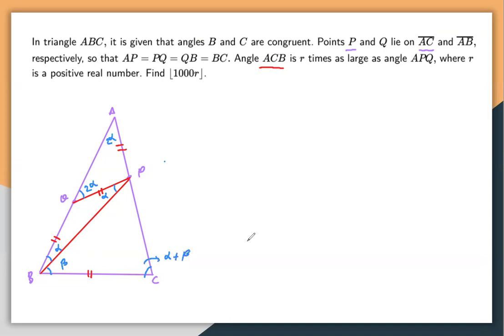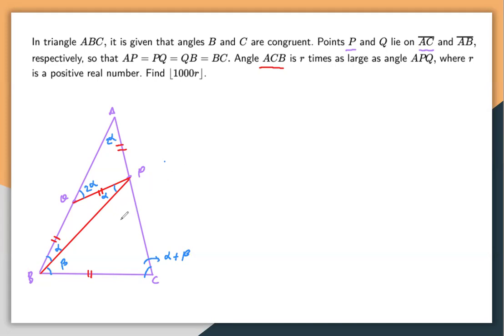So far, some progress. And we want to relate these sides with the angles. This is a job for the law of sines. Law of cosines might be useful, but you don't really have any concrete sides, so that might not be a good idea. But the law of sines might be.